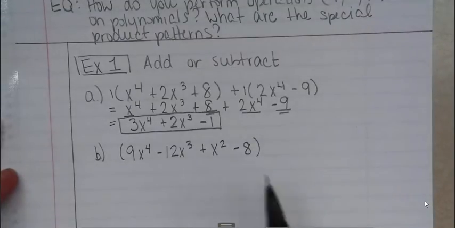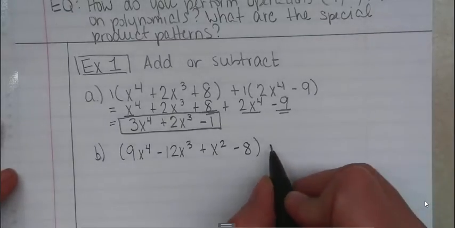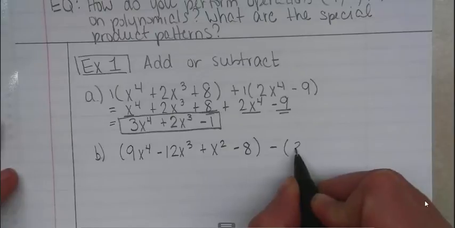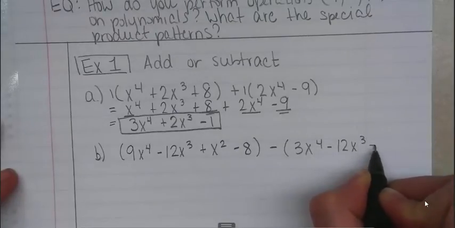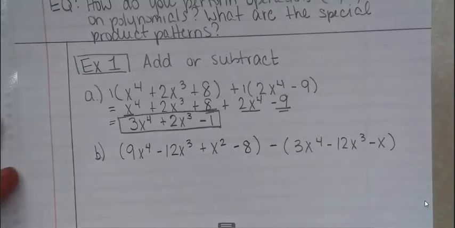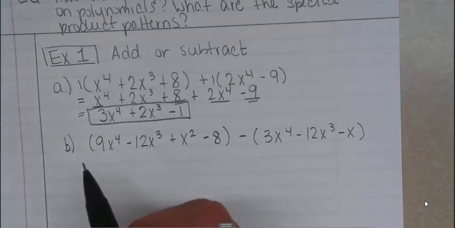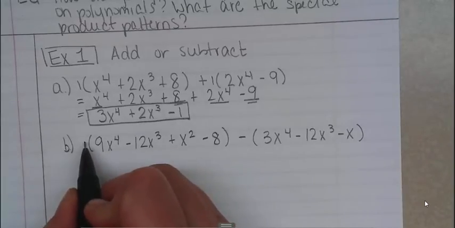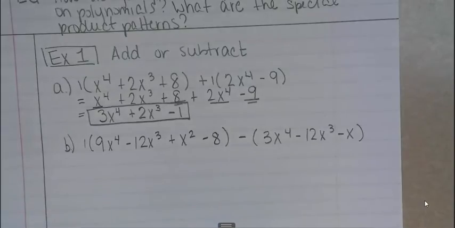Okay, so there's our first polynomial. Okay, it's got 4 terms. And from that, I'm going to subtract my second polynomial. Okay, so again, I'm looking outside the parentheses to see what's out there and what's being multiplied to the set of parentheses. And really, there's just a 1 out here, right?